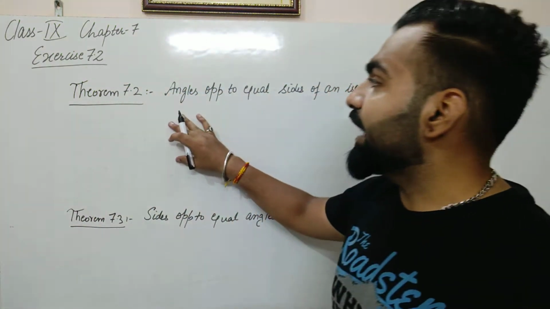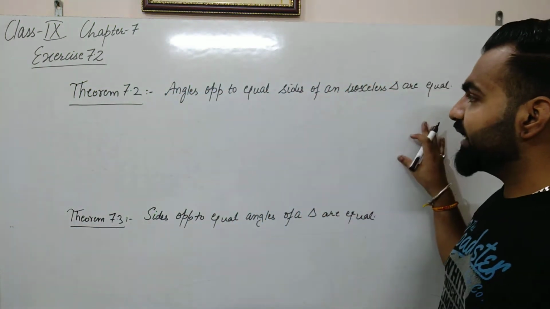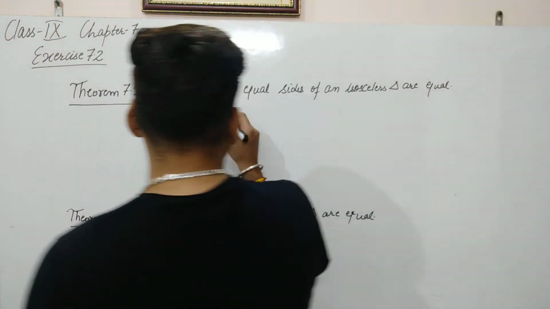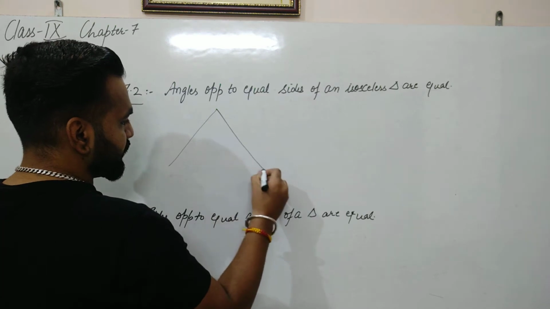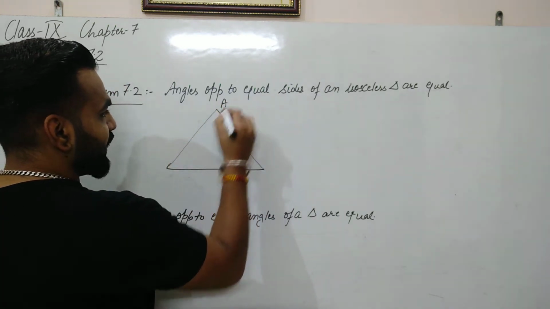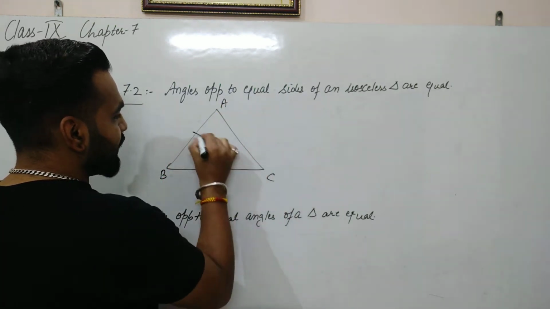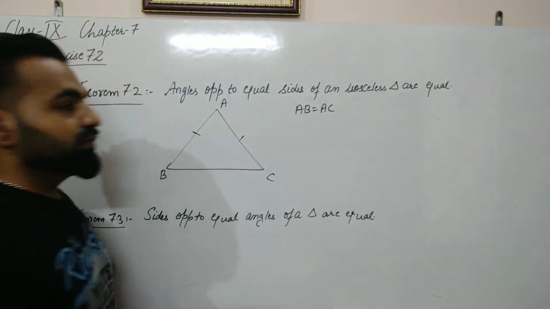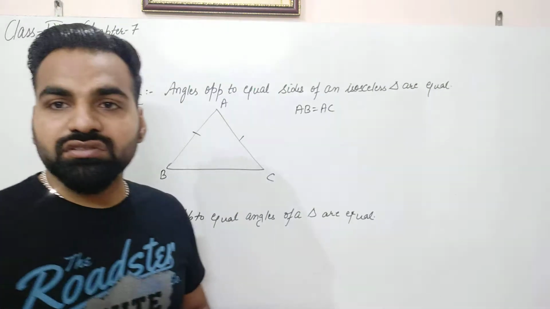First theorem is: angles opposite to equal sides of an isosceles triangle are equal. So if an isosceles triangle is given, for example this is triangle ABC in which AB is equal to AC. So two sides will be equal in an isosceles triangle.